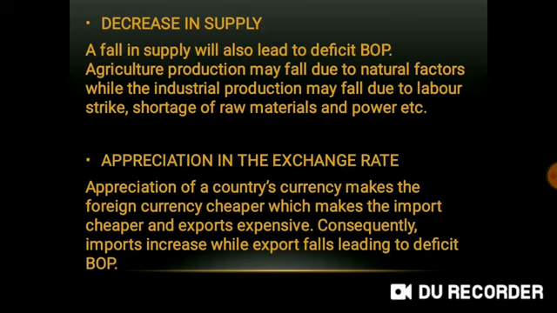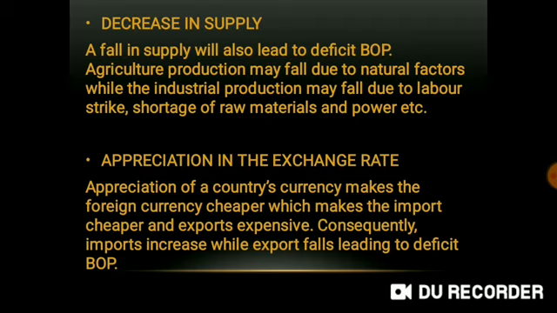Then the other reason for an adverse balance of payments is the decrease in supply. So the decrease in supply may happen in agricultural production due to natural factors like drought, overrain. Okay, so because of this factor, there may be a fall in the agricultural commodities.